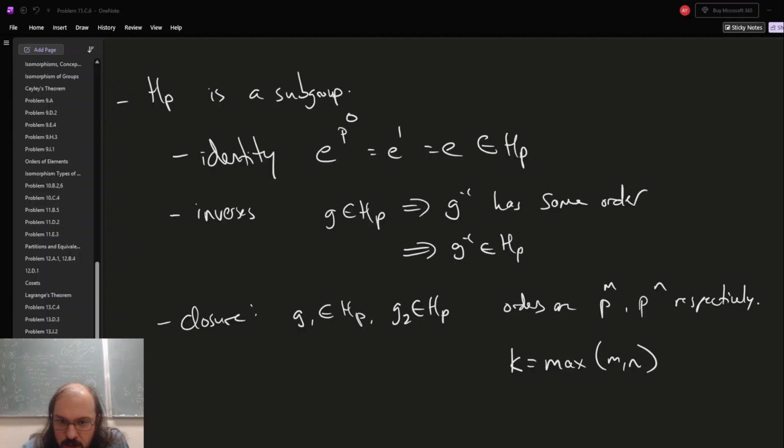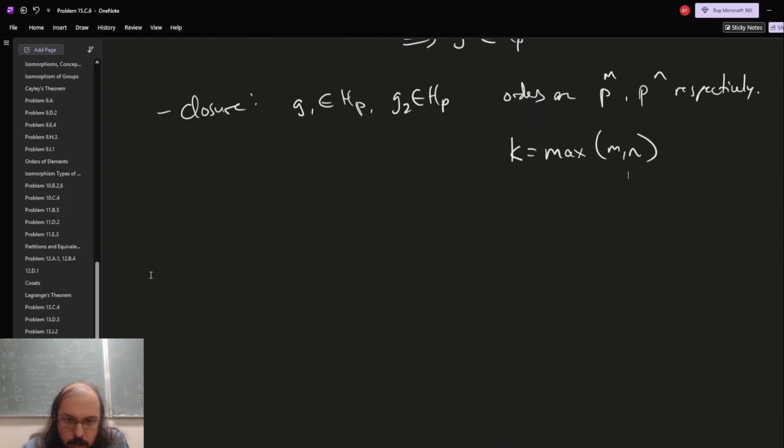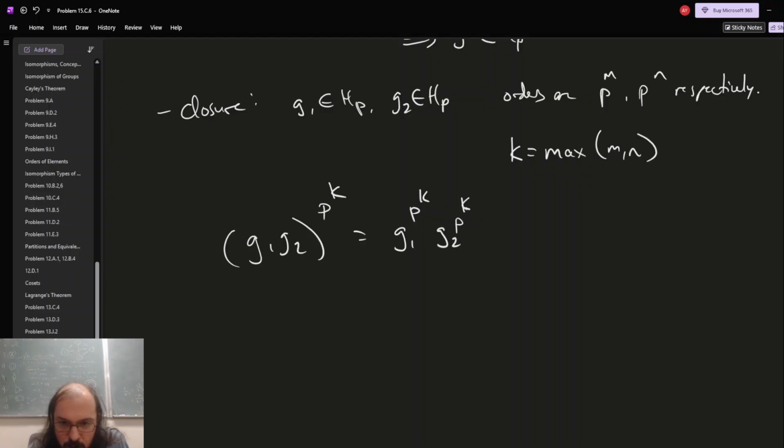And if I do this, then to show the closure, we can write (g1 g2) to the p to the k. And using the fact that this is an abelian group gets me to here. And well, for one of these guys, it's just e on the nose. But for the other one, we can break it off. So let's assume, without loss of generality, that m is greater than n.